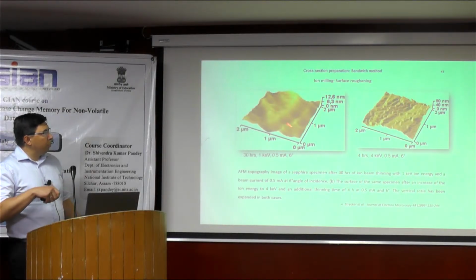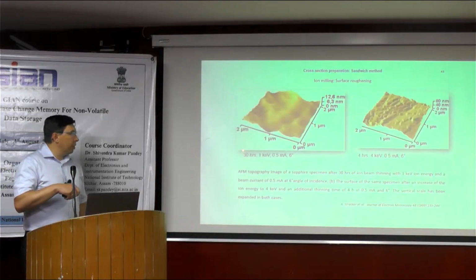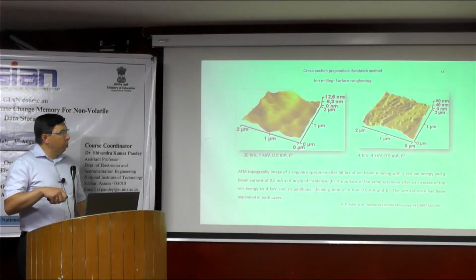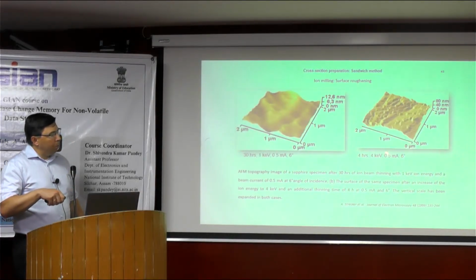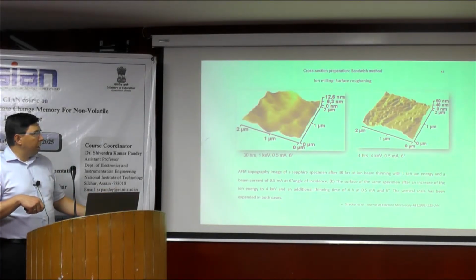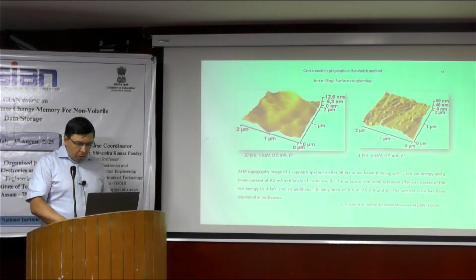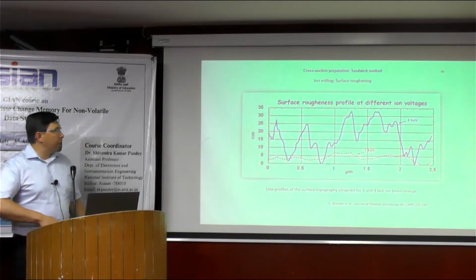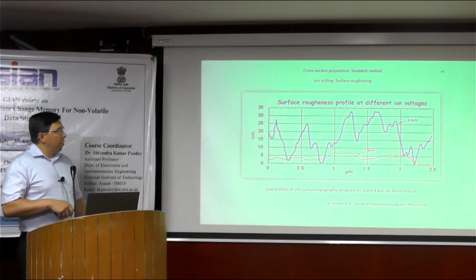And then to get it smoother, you need to invest a little bit more time, but then you use less ion beam energy. And if you use less ion beam energy, you have to increase the time for ion beam polishing. So this is the graph showing the surface profile.